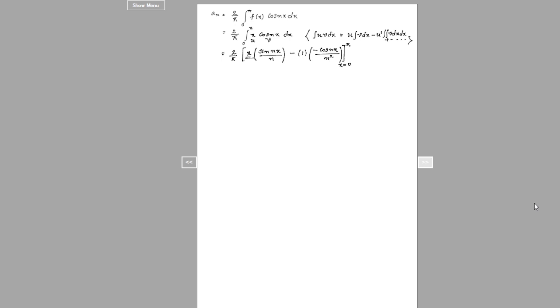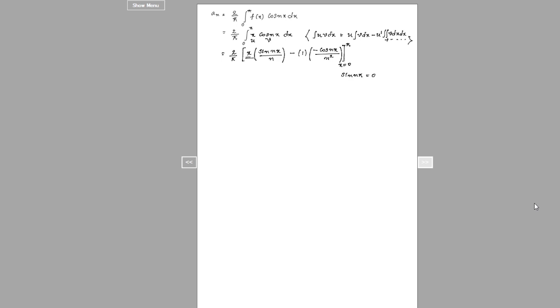As we have the sine term here, when I apply the upper limit, sin n pi, what is the value of sin n pi? Remember properly: sin n pi is 0.